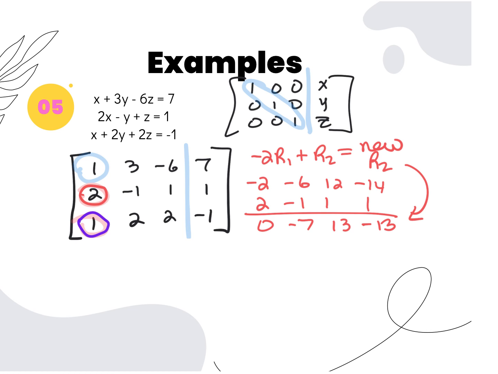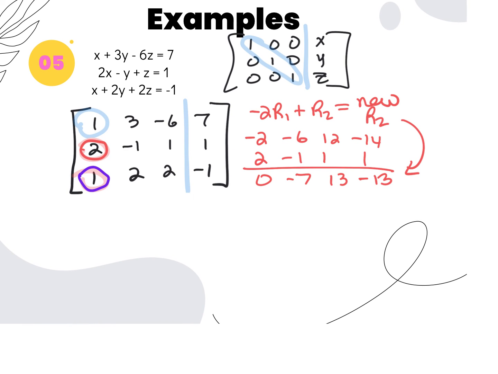I'm also going to do the change for row 3 at the same time. So again, I'm changing the purple 1 to a 0. The way that I'm going to do that is multiply row 1 by -1 and then add that to row 3. This will give me my new row 3. So once I distribute the -1 to row 1, those are my numbers. I'm going to add that to row 3.